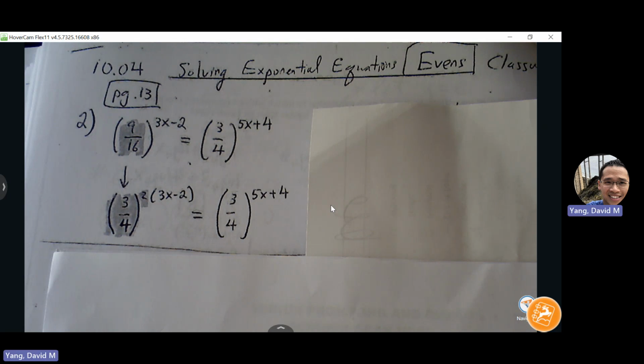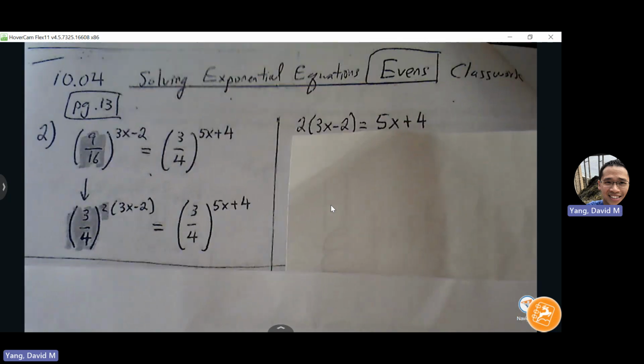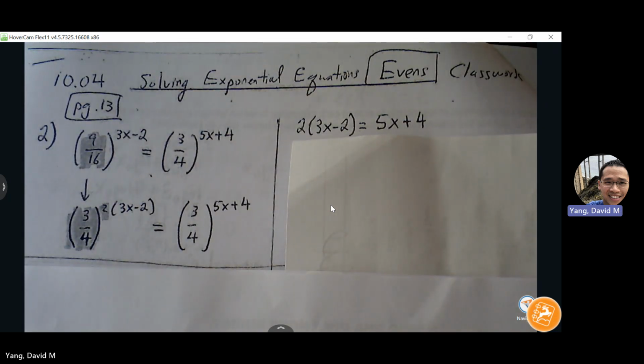Anytime if you feel like there's not enough room on your sheet, feel free to grab the scratch sheet, work through your problem. Okay, so 3/4 drops out. I can distribute the 2 through.